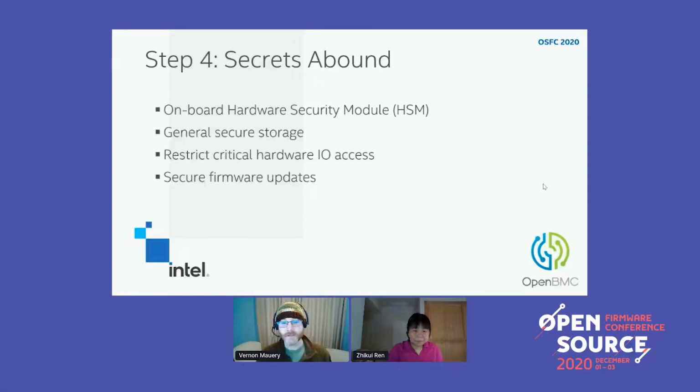As a human, I can't just go poke into it and figure out, oh, here's the private key, or here's the secret key. It has an API that you have to use in order to access the keys, and it uses them on your behalf.